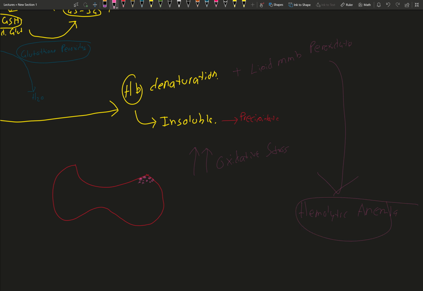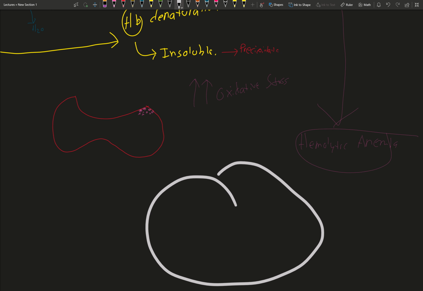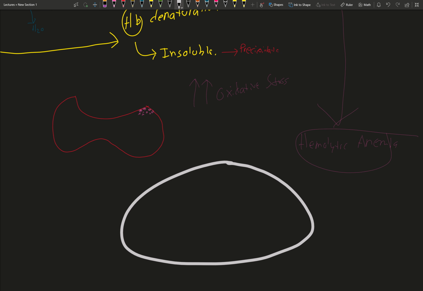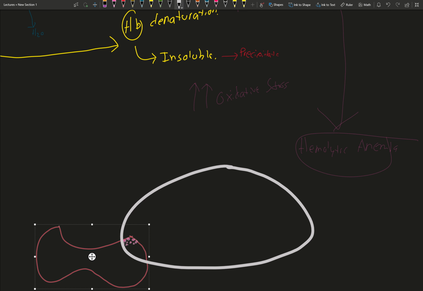This hemolytic anemia is also onset when we have macrophages. What these macrophages can do is that they see these Heinz bodies and they register them as being foreign.